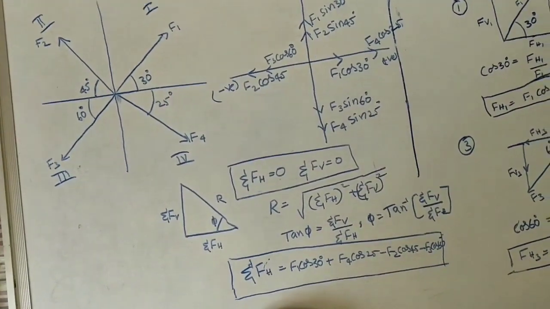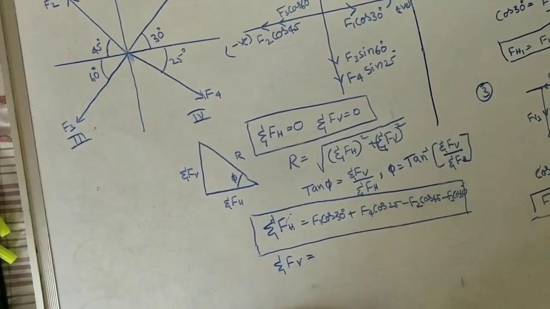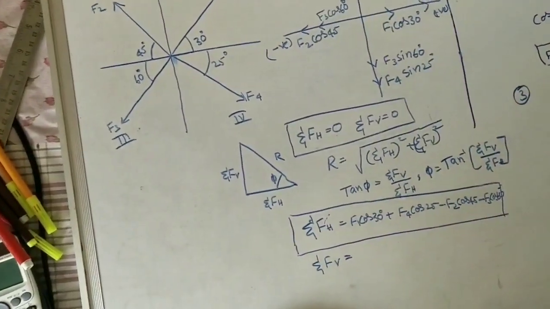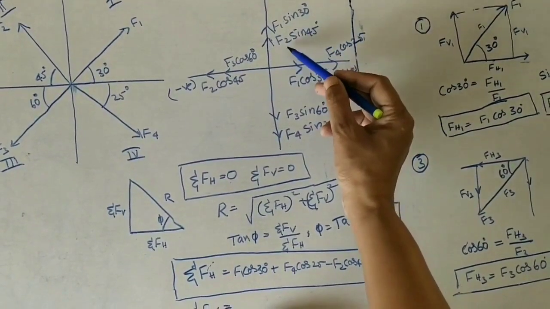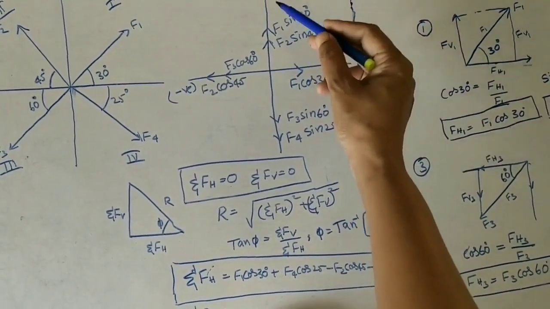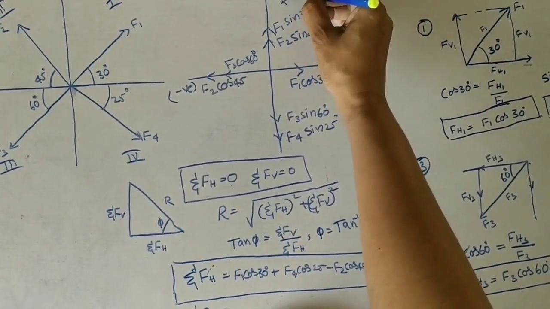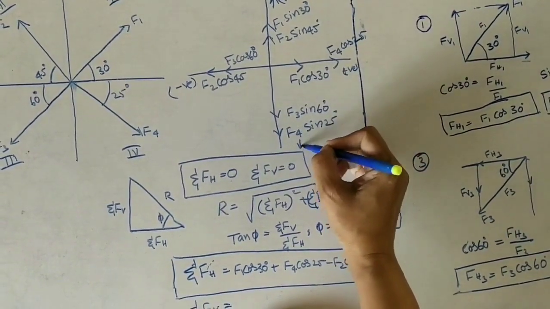Now take down sigma Fv. What are the vertical forces? The vertical forces are F1 sin 30, F2 sin 45, F3 sin 60, F4 sin 25. Two are in the upward direction, I am taking positive in this direction. Two are downward, I am taking negative.